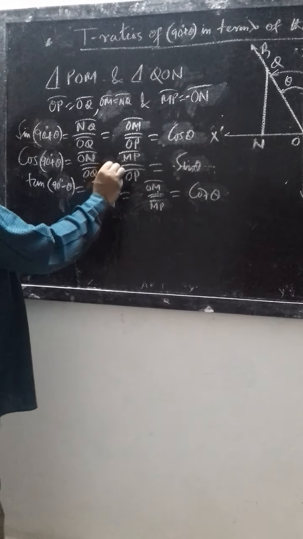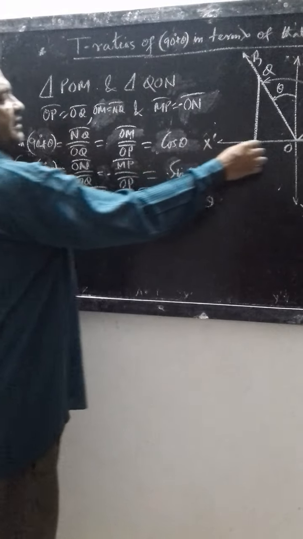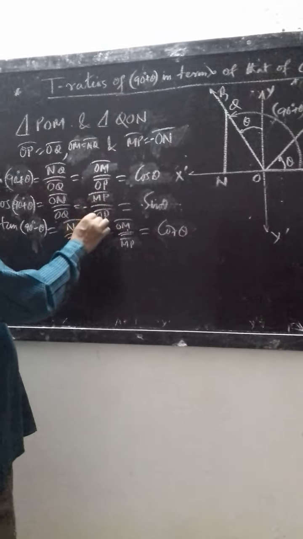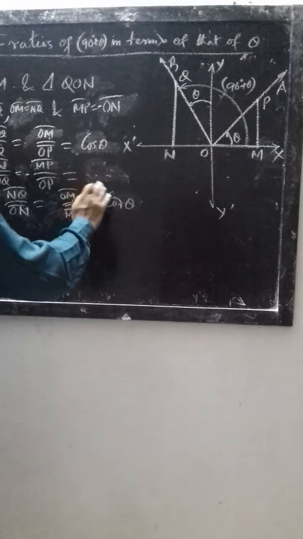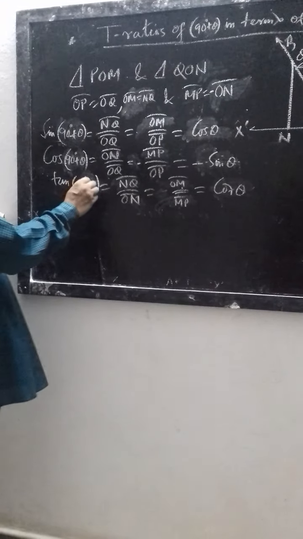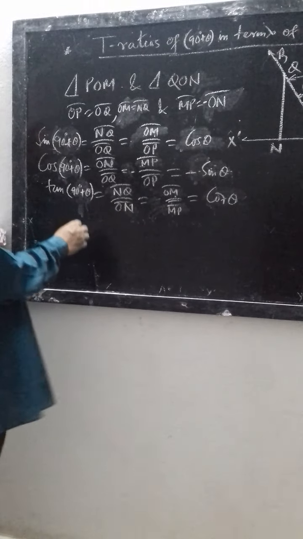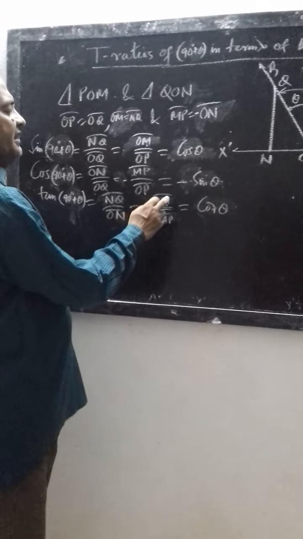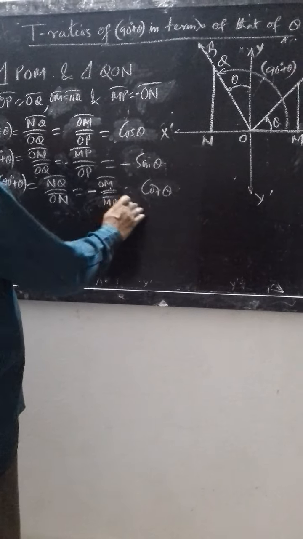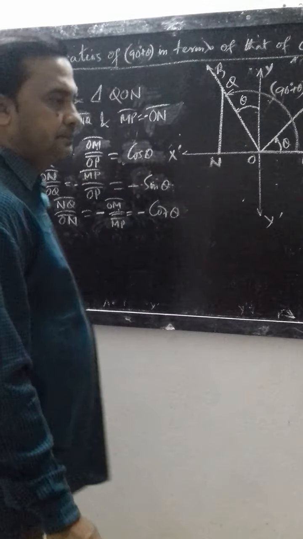ON equal to minus MP, since ON is in the negative direction, OQ equal to OP, and MP by OP equal to sin theta. So cos of 90 degree plus theta equal to minus sin theta. And now tan 90 degree plus theta equal to NQ by ON. NQ equal to OM and ON equal to minus MP, and OM by MP equal to cot theta. So tan 90 degree plus theta equal to minus cot theta.